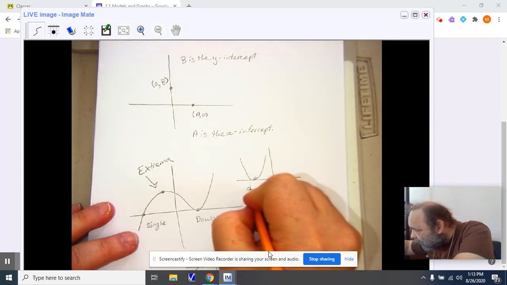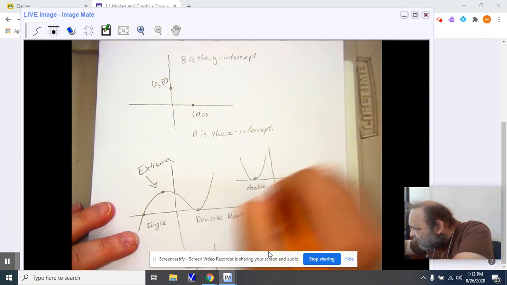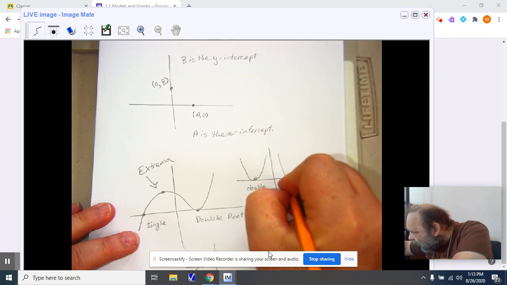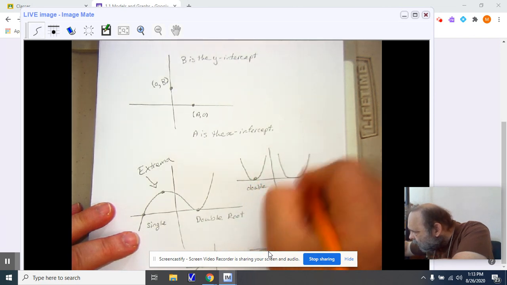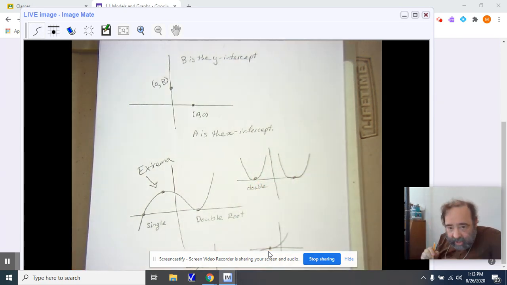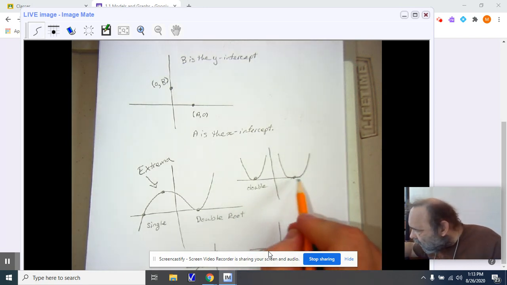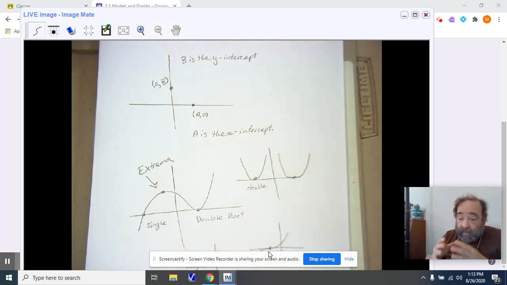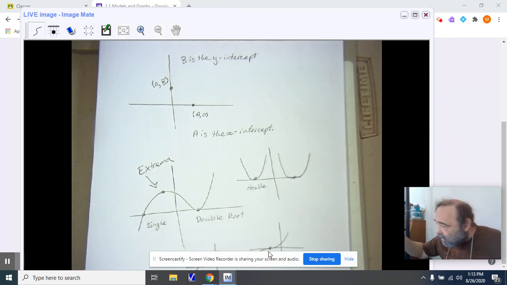So this is a double root, as opposed to a quartic, which now has more of a bowl shape. Notice the interval over which the function is close to the x-axis. Okay? The higher the degree, the longer it is close to the x-axis on that interval.